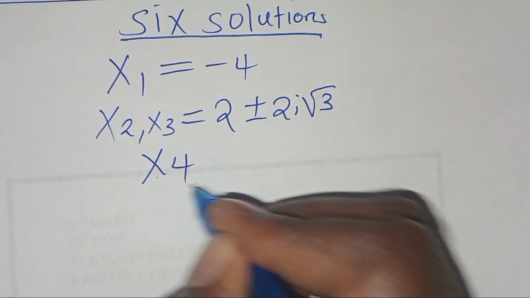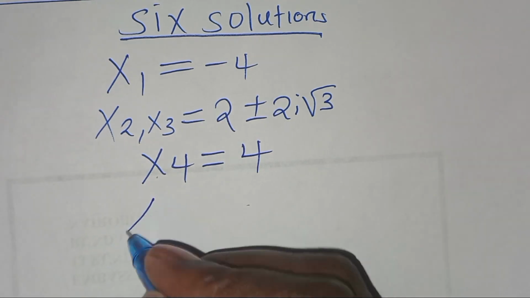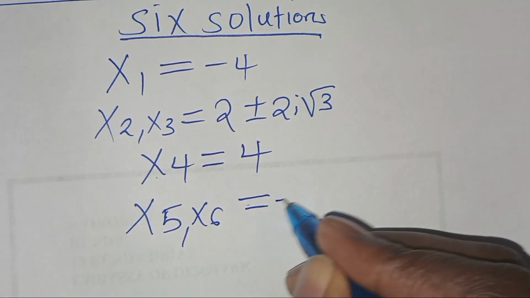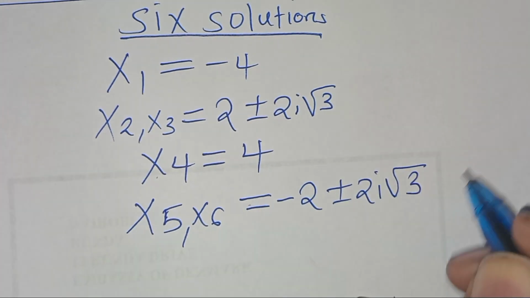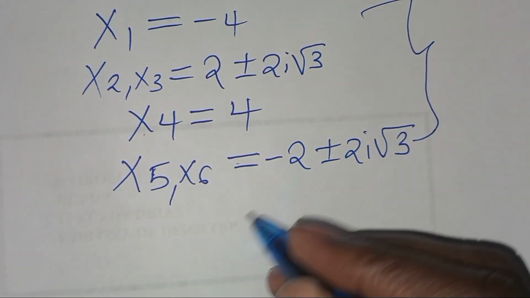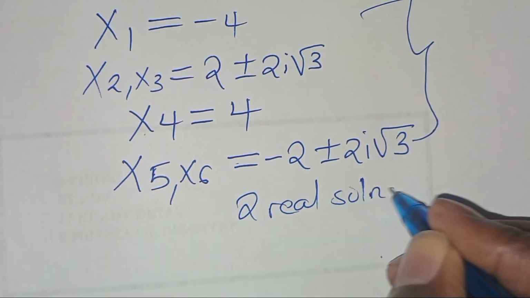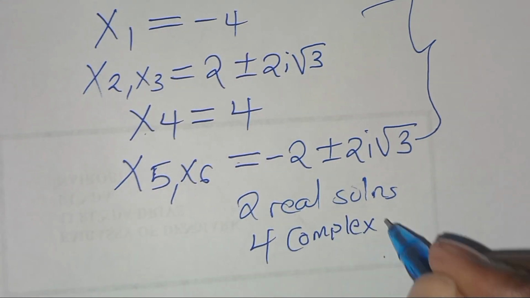And we have that x4 is equal to 4. Then we have x5, x6, which is equal to minus 2 plus or minus 2i square root of 3. So this shows that we have two real solutions here and four complex solutions.